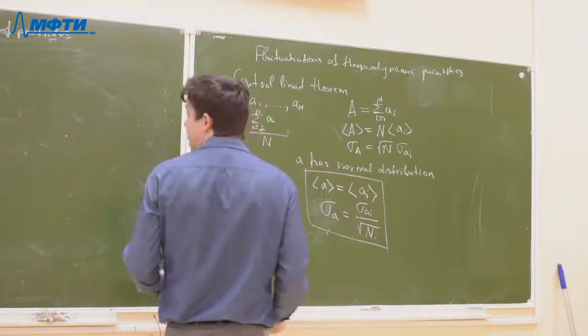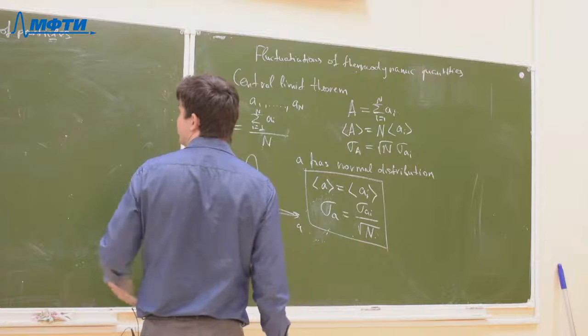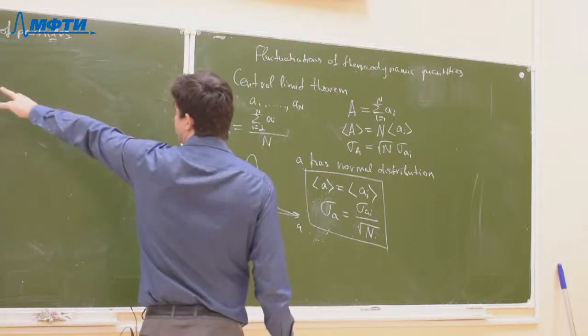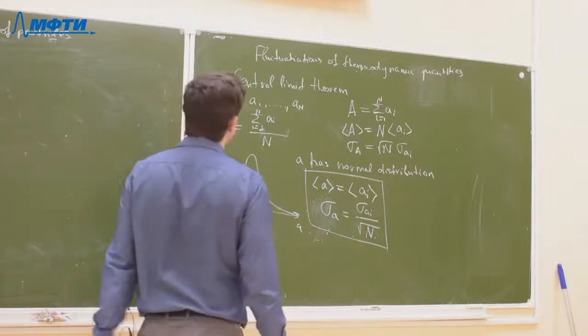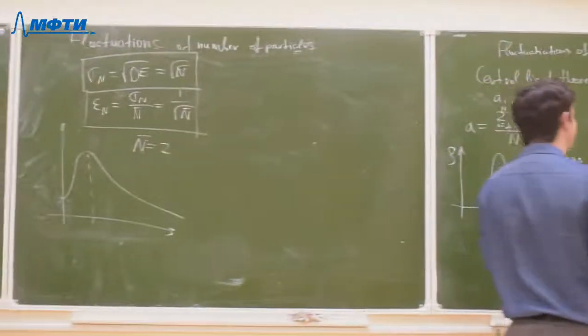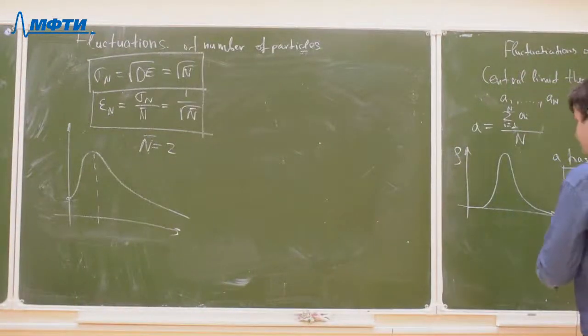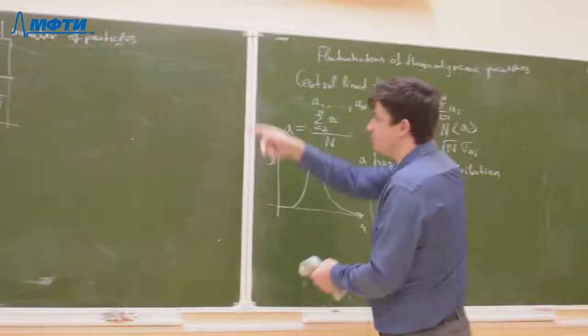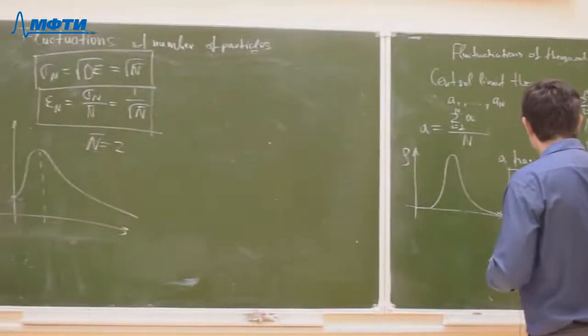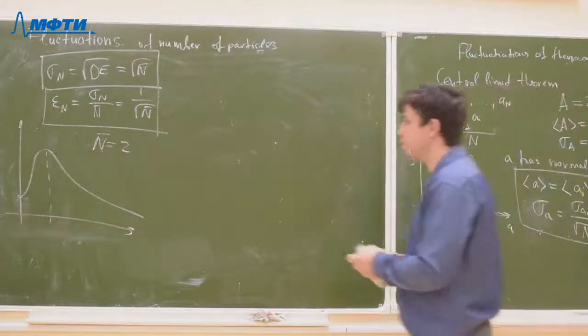So as you see, we have something very similar to the expressions which we have determined previously for the Poisson distribution. And actually we can derive the same expression using the central limit theorem.